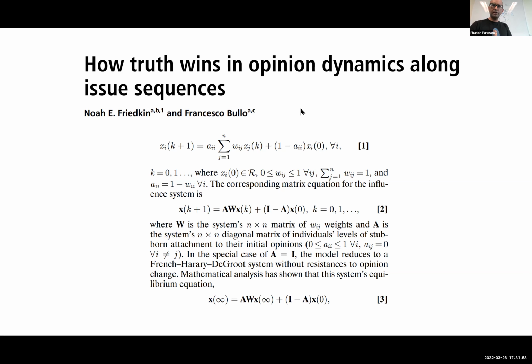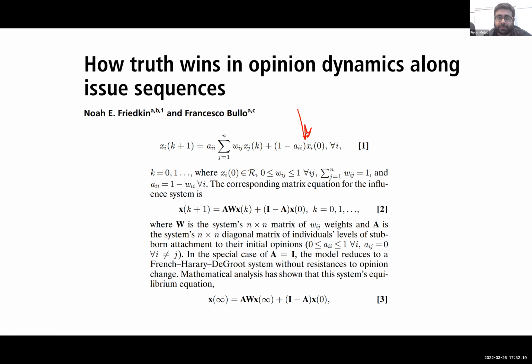I don't know why my pen occasionally stops writing. Okay, here it is. So what's that term doing? This is not in degrouped averaging, but it is there in the Friedkin and Johnson models. What is this doing? Is it like an initial imprinting effect?